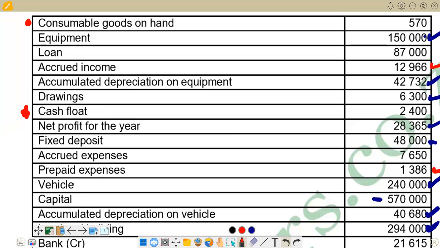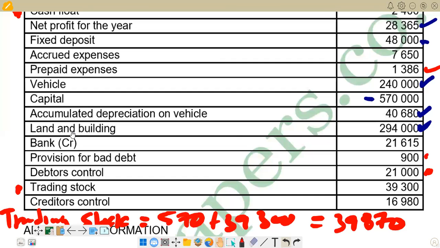So we check for the figure for bank. We try to see what we have in terms of bank. The figure for bank that we have is here, but it's a credit balance. So it means it's not going to be under current assets.